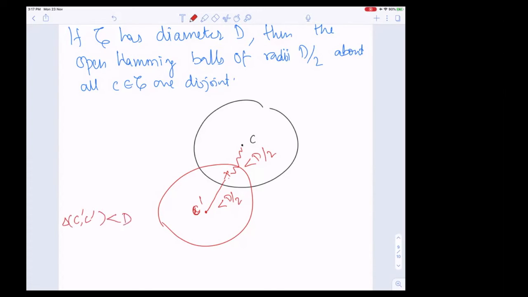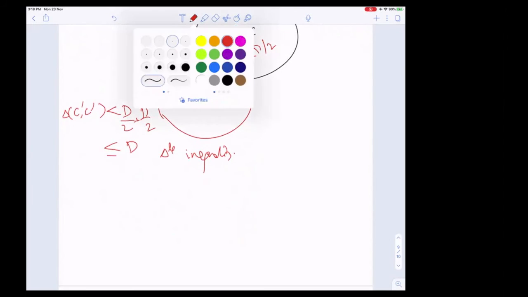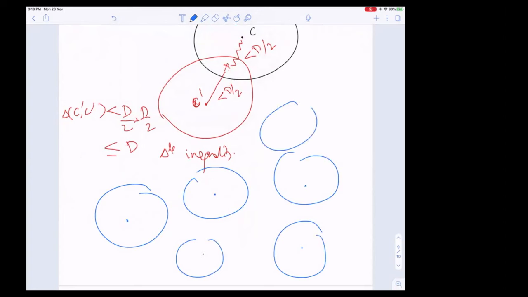This is less than d by 2 plus d by 2, less than or equal to d, right? This is just basically the triangle inequality. So basically what is happening is that all these balls are disjoint.